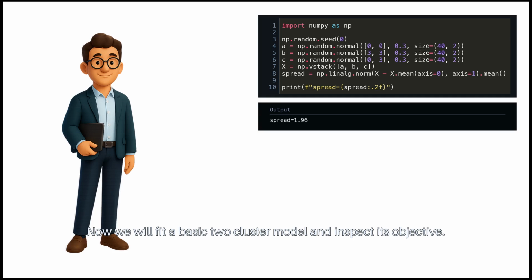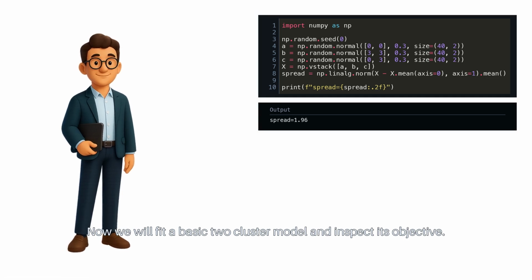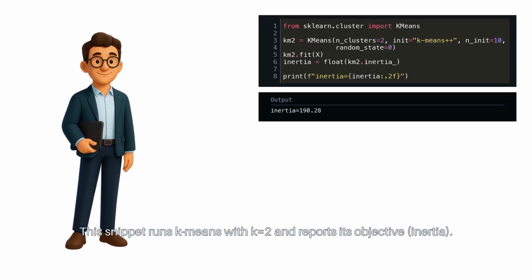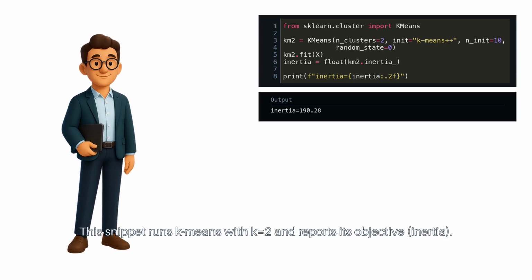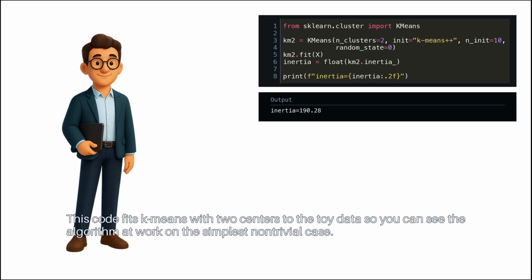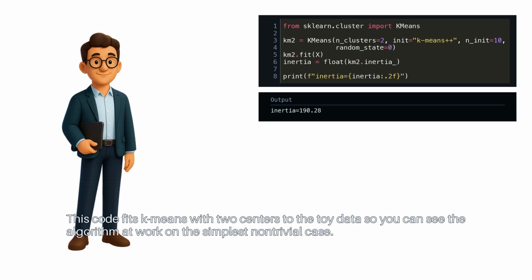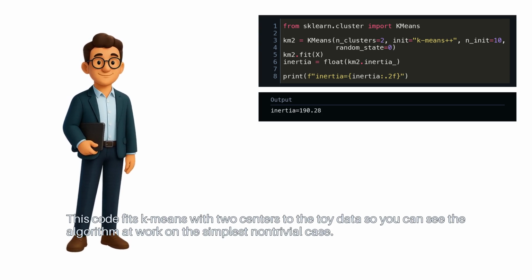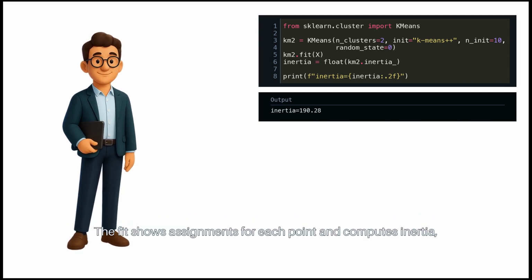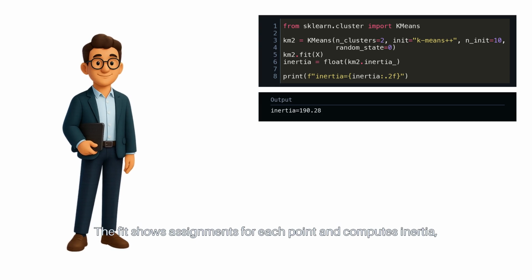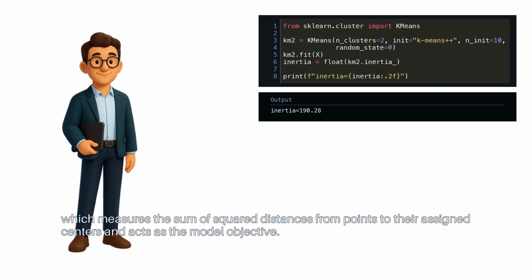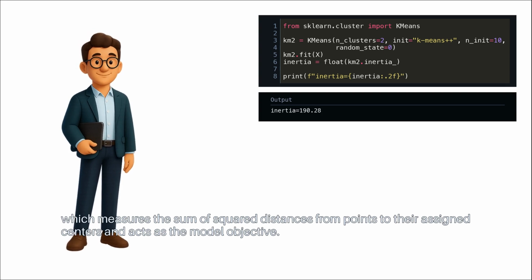Now we will fit a basic two-cluster model and inspect its objective. This snippet runs KMeans with K equals 2 and reports its objective, inertia. This code fits KMeans with two centers to the toy data, so you can see the algorithm at work on the simplest, non-trivial case. The fit shows assignments for each point and computes inertia, which measures the sum of squared distances from points to their assigned centers and acts as the model objective.